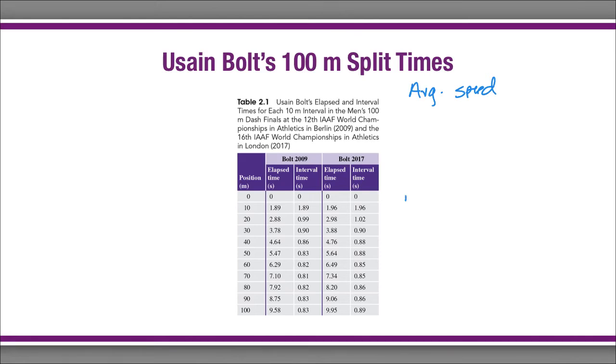Average speed is going to be your total distance over your total time. This is used a lot in sports. Obviously, the speed of a person, how fast they're moving, or even the speed of an object over a certain amount of time can be very beneficial in sport and exercise. But a lot of times this average speed doesn't give us a great indicator of what's really happening across a given amount of time.